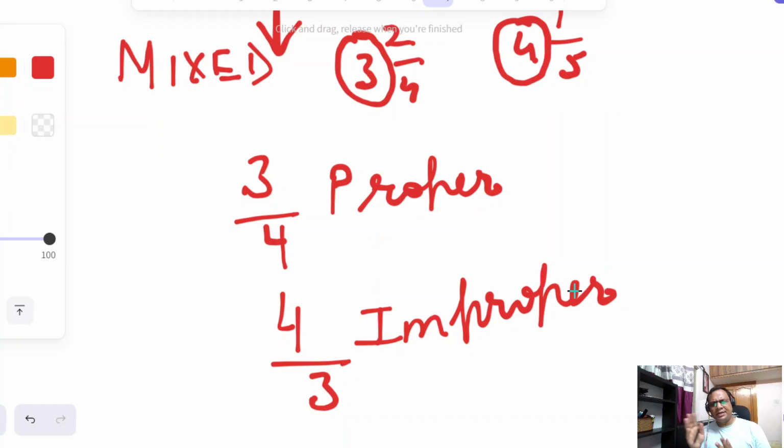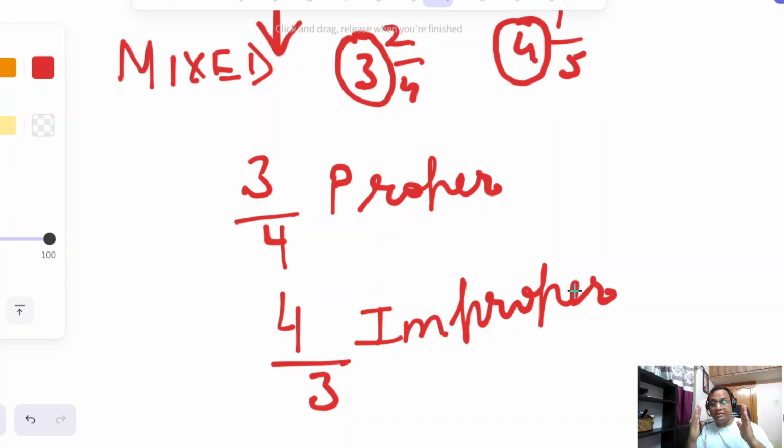In grade 3 and grade 4, we learn about all these things, and we also learn about converting them to mixed, and how we can convert any fraction, equivalent fractions, all those things we're going to study. What I'm basically trying to cover over here is, let's learn the basics, and then gradually we'll keep on building up.